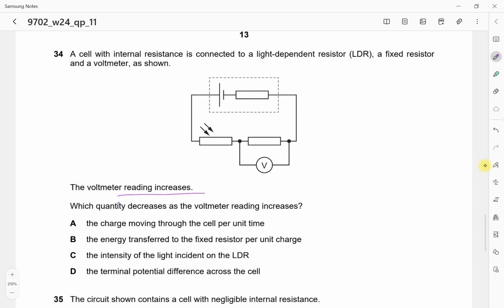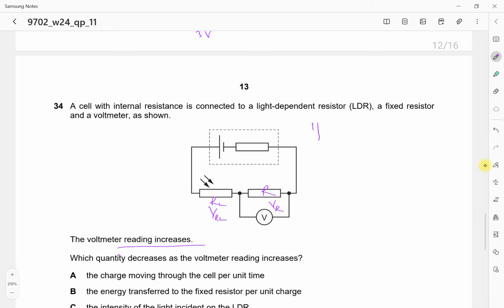I'll call this one resistance of LDR, I'll call this one fixed resistor R, and this is going to be the PD across R. Whenever I talk about the PD of the light dependent resistor, I will say PD across RL. So the voltmeter reading increases. Which quantity decreases as the voltmeter reading increases?